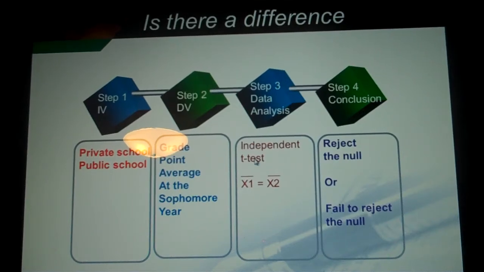An independent t-test. There's my mean 1, there's my mean 2. My independent variable is school. My DV, or dependent variable, is grade point average. I do my analysis, and I make my conclusion. I reject the null or fail to reject the null.